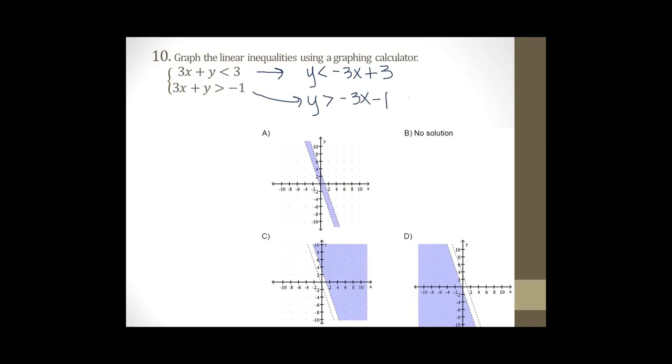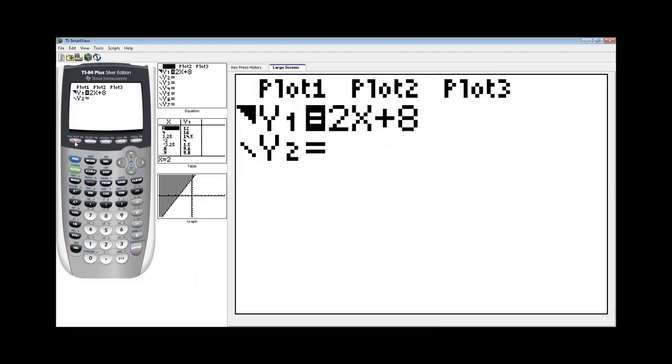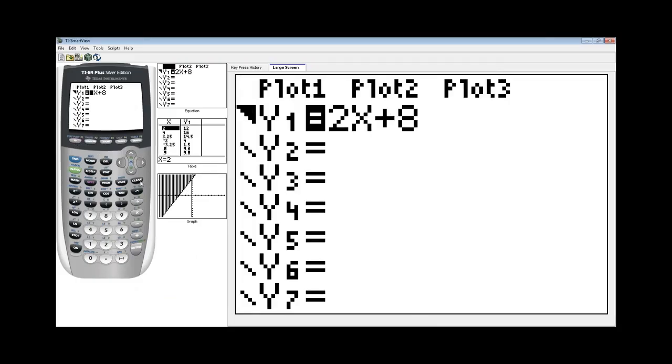All right. So let's go to the graphing calculator. And again, we want to go to y equals. Let's clear this out and let's put our new system of inequalities. So we have y is less than negative 3x plus 3.